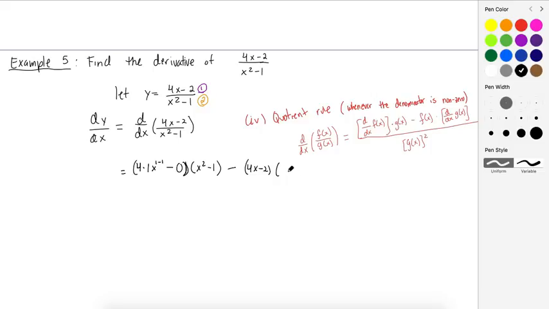So again we have x squared, so we have 2x to the 2 minus 1, minus, again, the derivative of any constant is 0. And all of that is going to be divided by g of x, which is the second, squared.